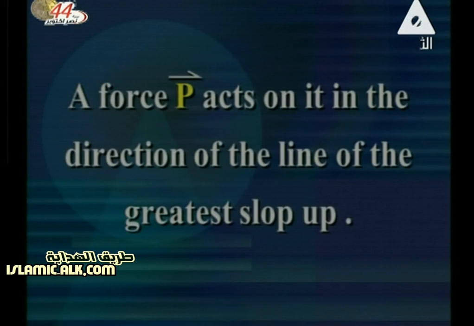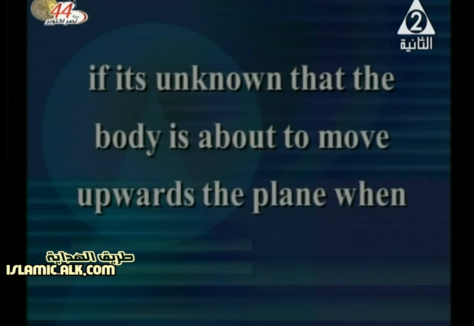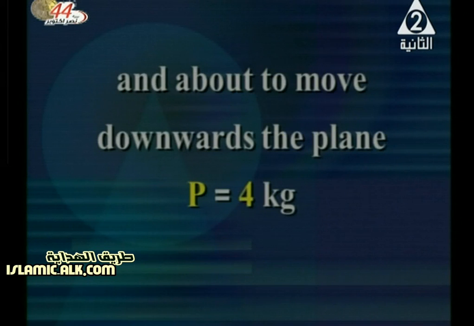Force B acts on it in the direction of the line of greatest slope upward. It is known that the body is about to move upward when the force equals 6 kilogram weight, and the body is about to move downward when the force equals 4 kilogram weight.